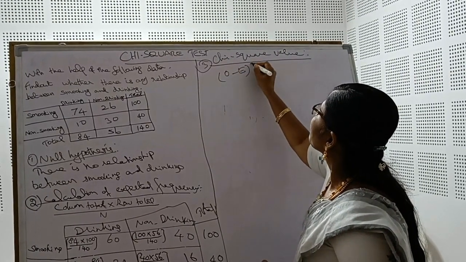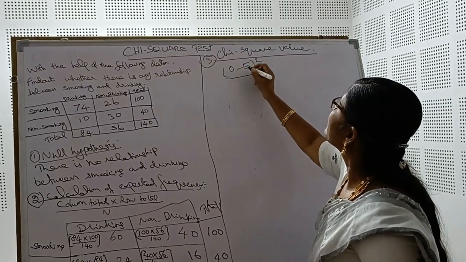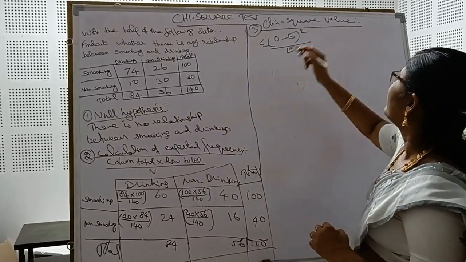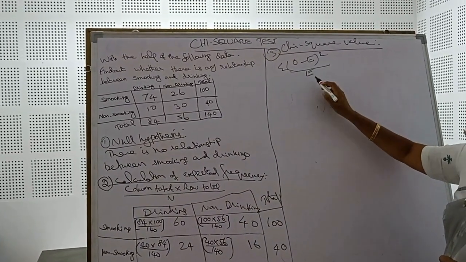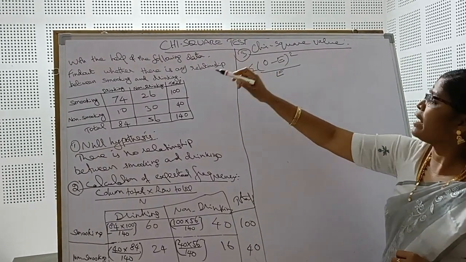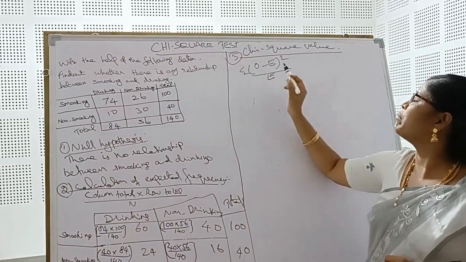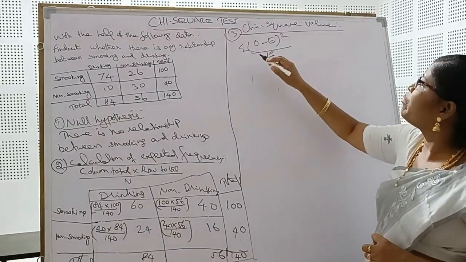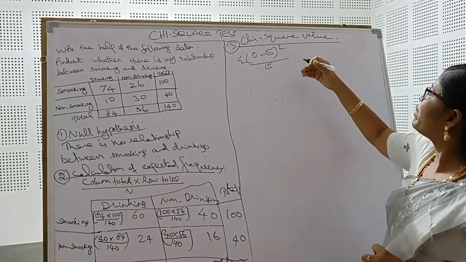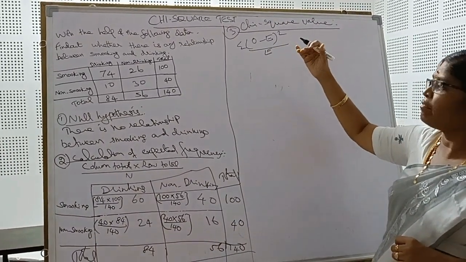The formula to find out the chi-square value is O minus E the whole square divided by E. That is sigma O minus E the whole square divided by E. O stands for observed frequency. Always it should be given in the problem. And the expected frequency is calculated on the basis of the observed frequency. So straight away we have to find out the chi-square value.